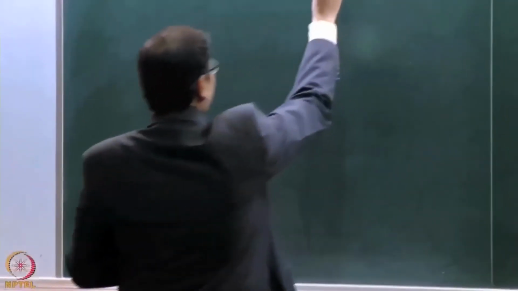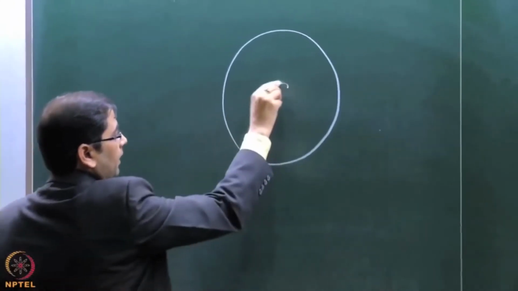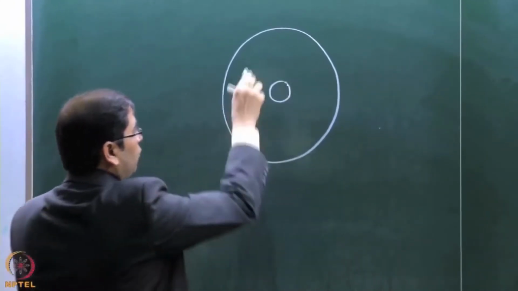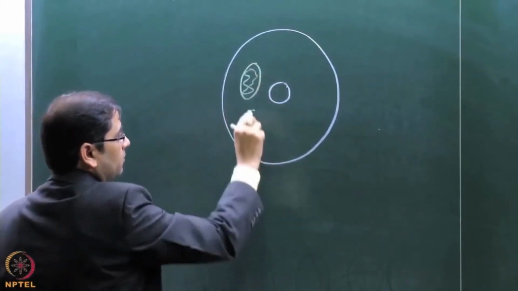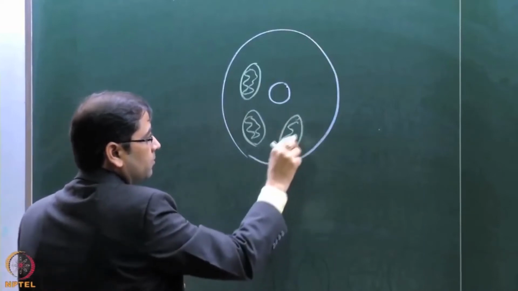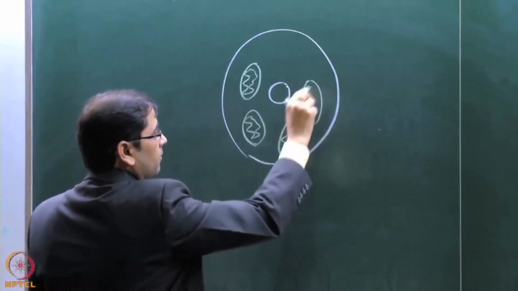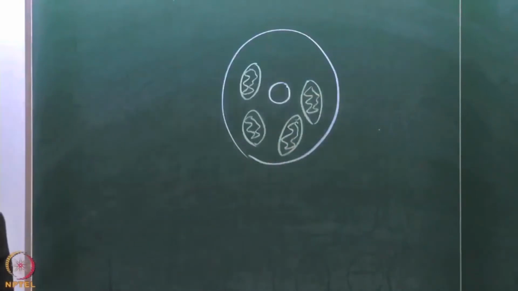So just imagine that you have this cell, the ova cell, and that is the nucleus there, and now you have many mitochondria inside. And these mitochondria, which I showed you in green color, are defective mitochondria.